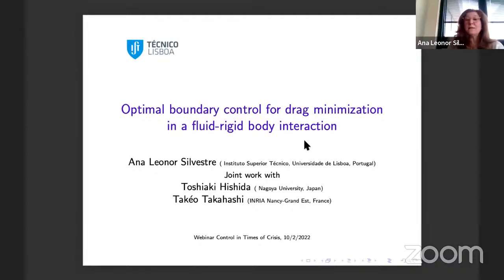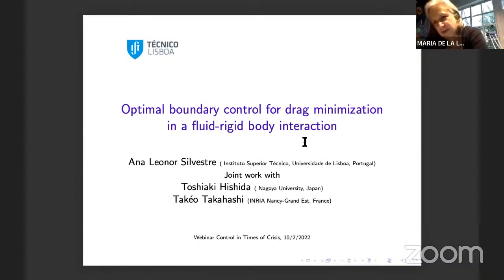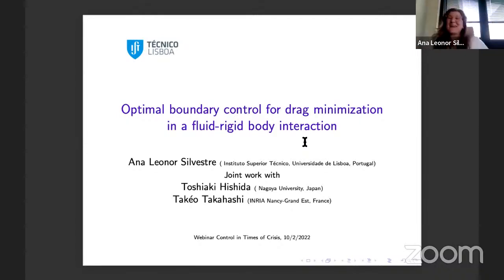At least in controllability, when we do some kind of controllability of Navier-Stokes equations, we are able to act only with fewer components: in R3, you can control with two components, and in R2, you can control with one component of the equation. I don't know if it is possible to act like that in optimal control.